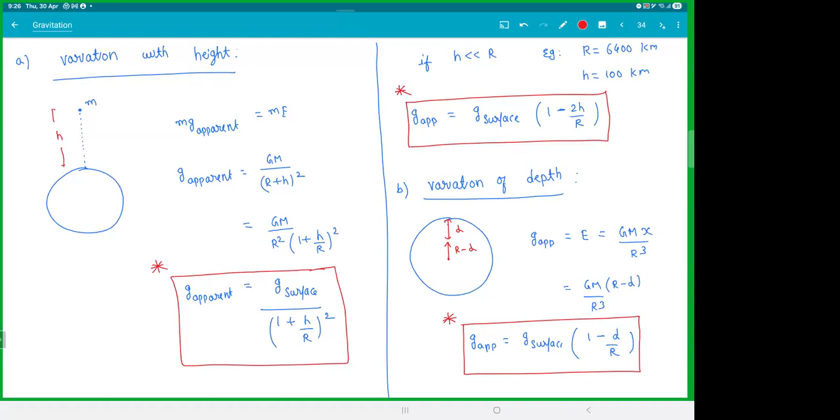So that means, on a planet, the gravity is maximum on the surface. So if you dig a hole into the Earth, the gravity drops, right? If you go above the surface, the gravity again drops.